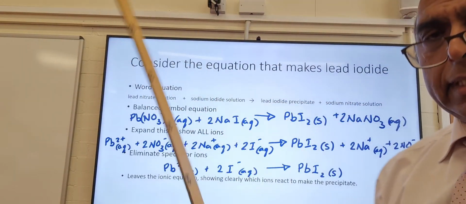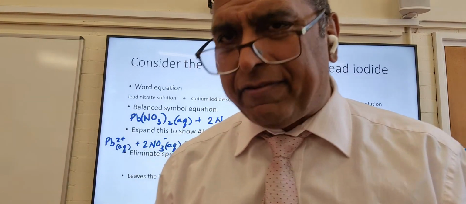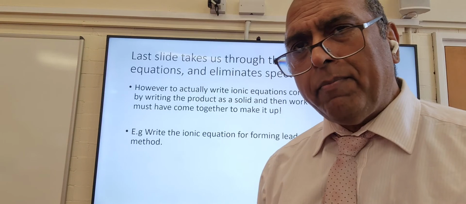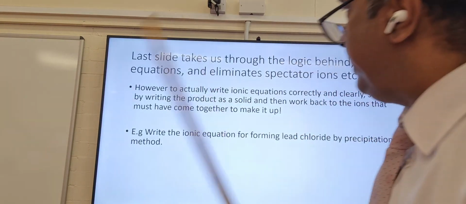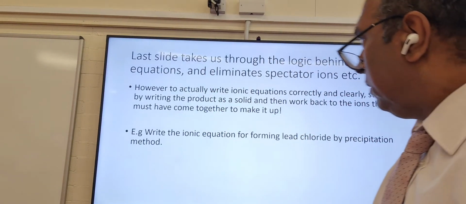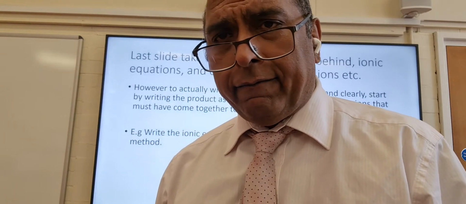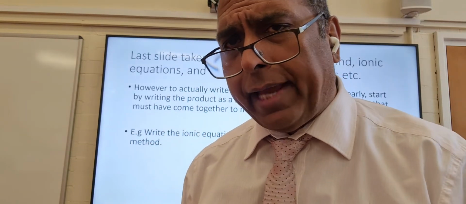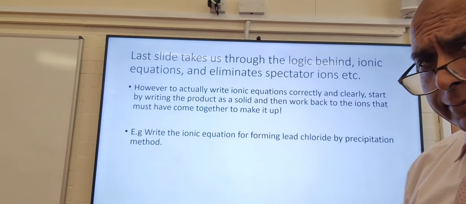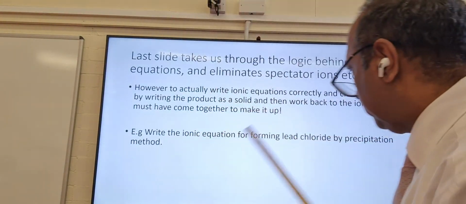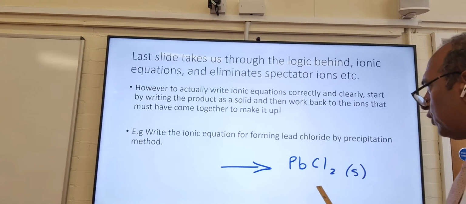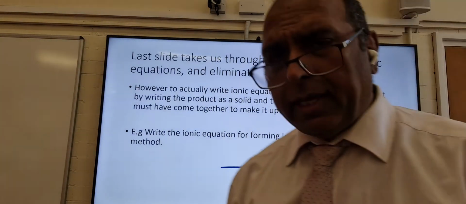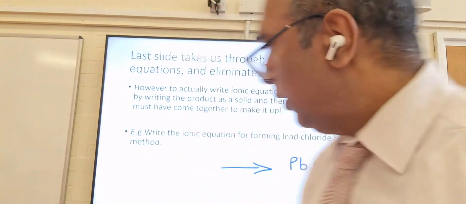Now, I know that might seem difficult, but the logic is that we make chemistry easier. Make it easier for you to understand reactions because you're only writing down ions that are reacting. So, in that yellow solid, say you're trying to make lead chloride, just like that yellow solid was lead iodide.